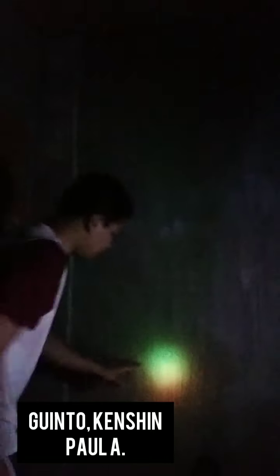Right there. As you can see, it's not that clear, but on this part you can see the yellow color, the result of mixing the red and the green. This is our secondary color.